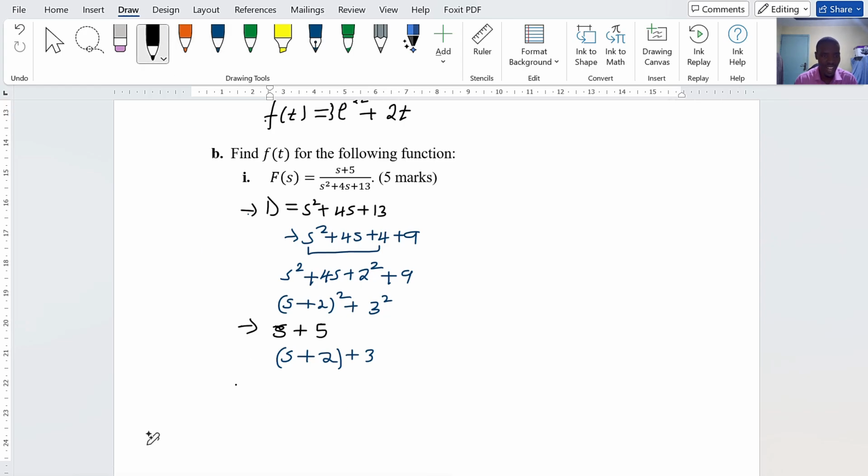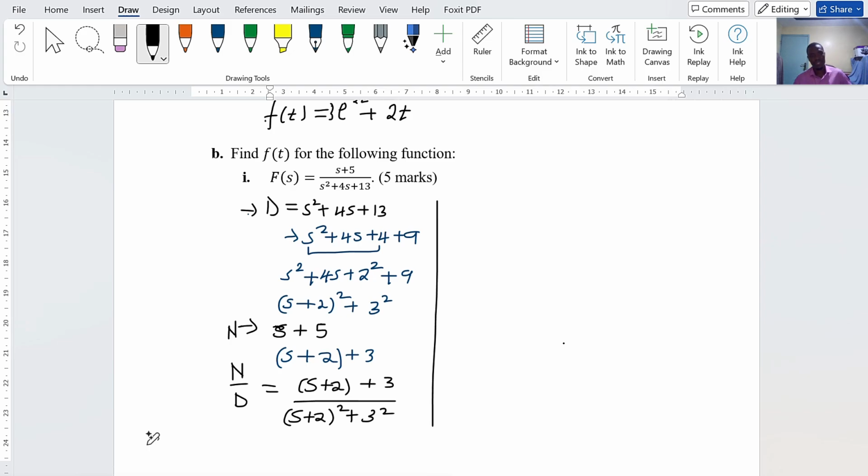Good. Now, our entire thing, the numerator, let me write here n. Now, numerator over denominator becomes s plus 2, then plus 3, divided by s plus 2 squared plus 3 squared. Good. So that is how we are proceeding.